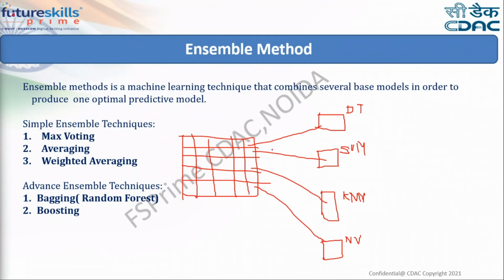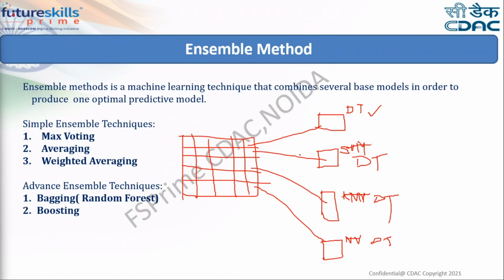Another thing is, if I'm using decision tree here also, and instead of SVM I'm using decision tree only, here also decision tree. That means I'm using the same algorithm for all the models.